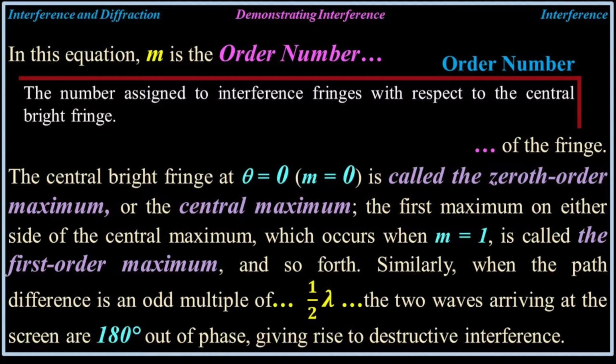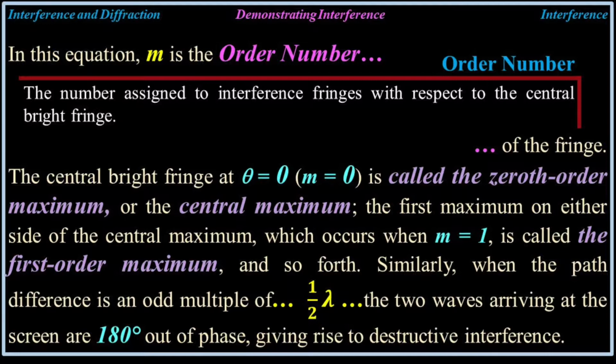The central bright fringe at theta equals 0, m equals 0, is called the 0th order maximum or central maximum. The first maximum on either side of the central maximum, which occurs at m equals 1, is called the first order maximum, and so forth.